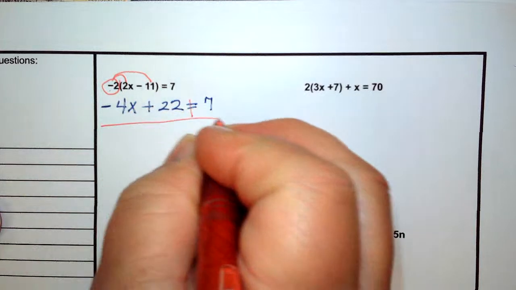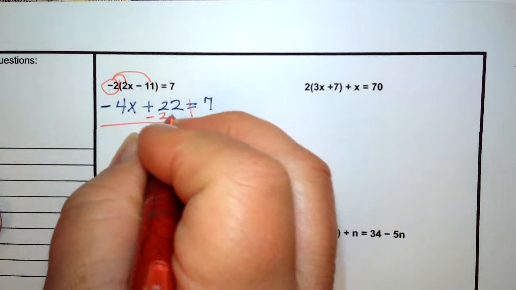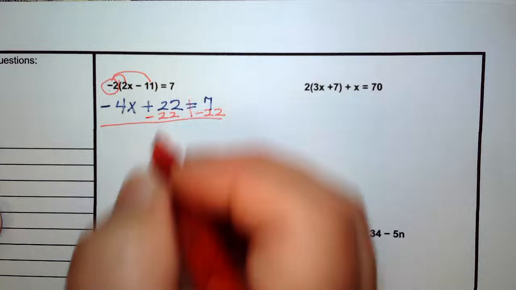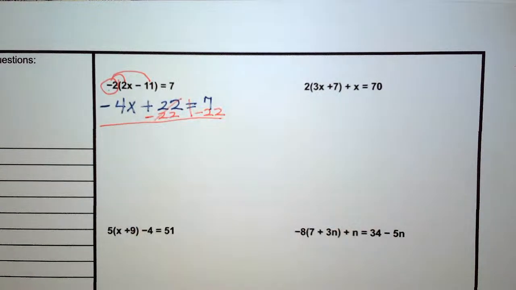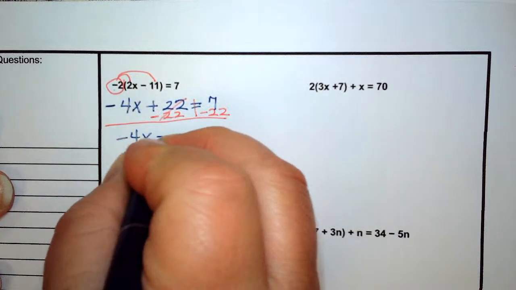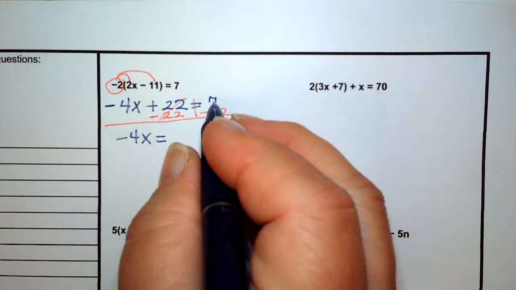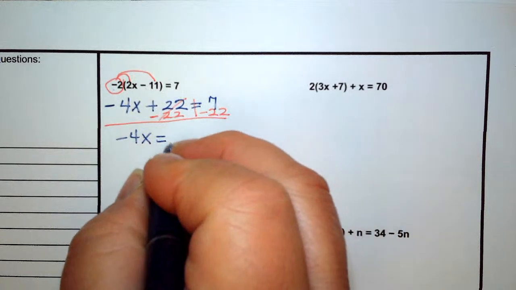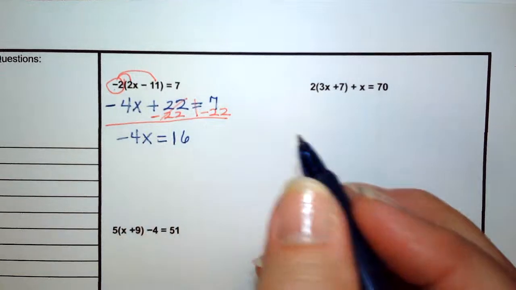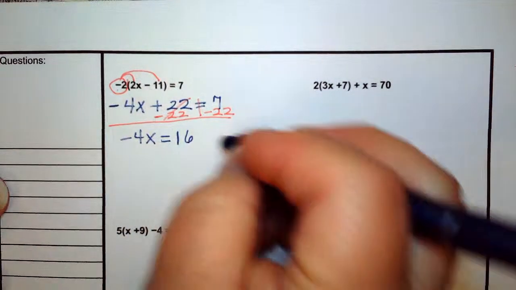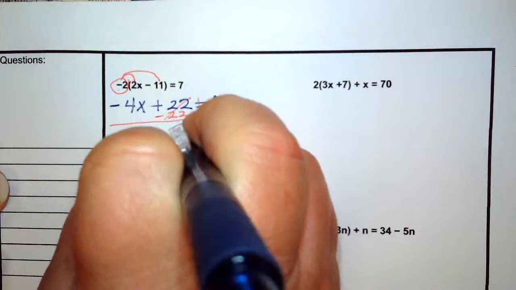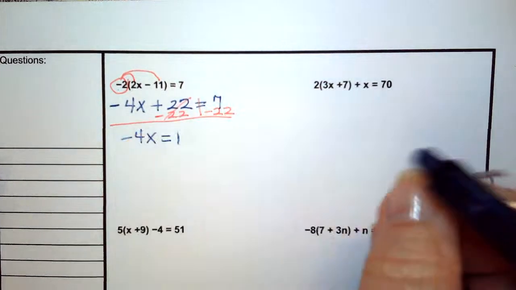I've added 22. I'll now subtract 22. Negative 4x is equal to 22 minus 7 would be 16. No, not 16. They're opposite signs, so I have to subtract.